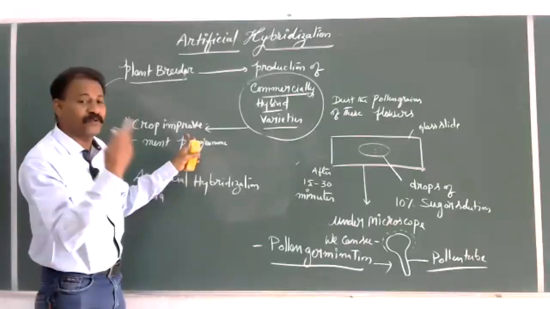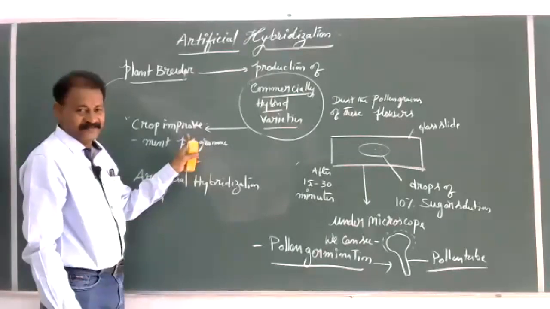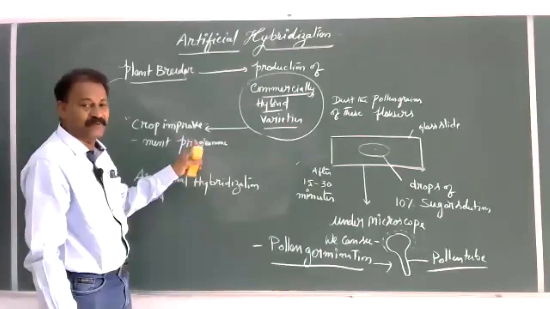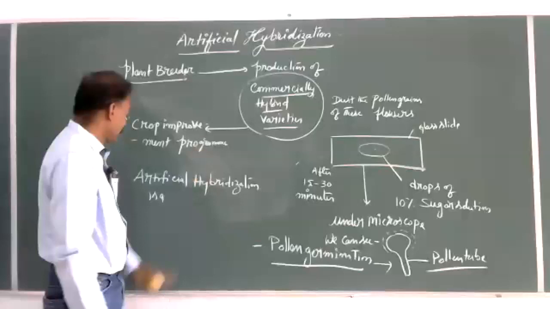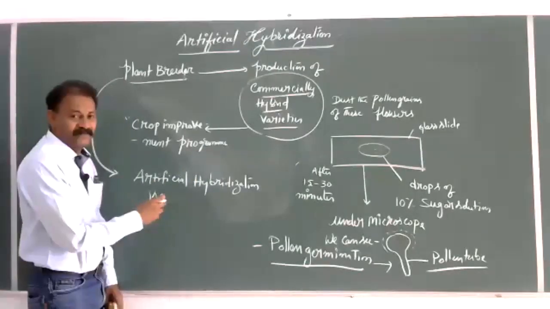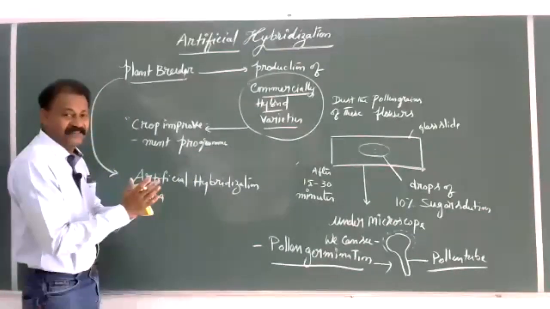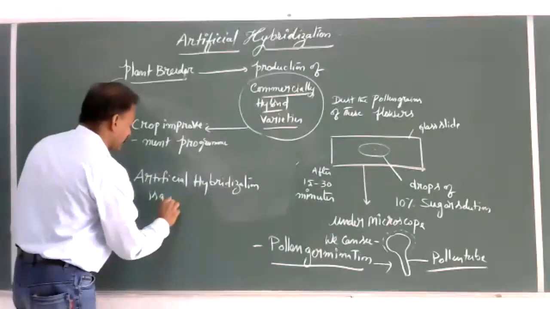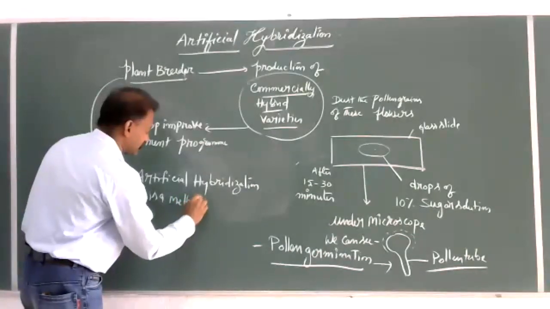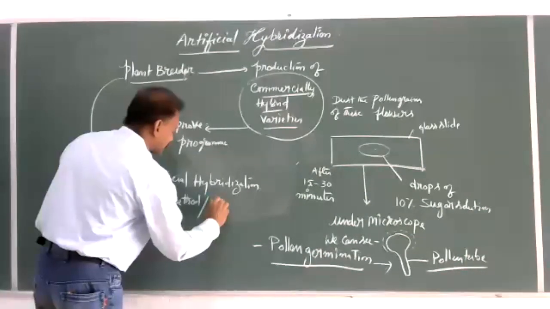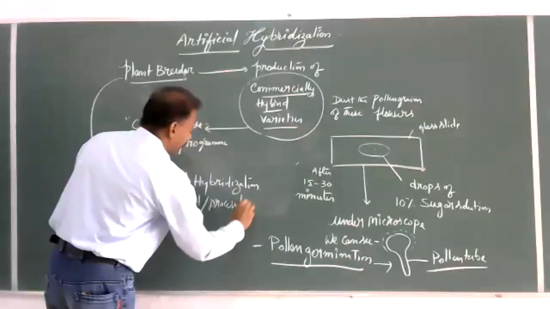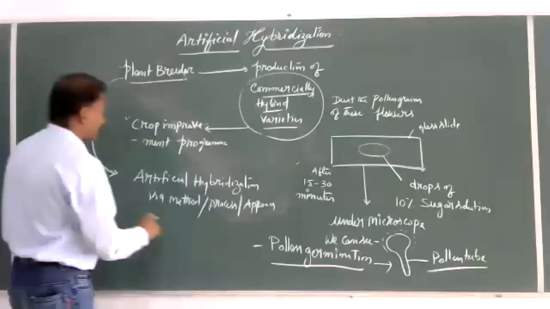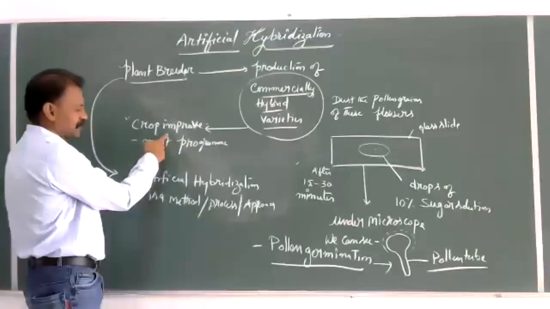In crop improvement, there are so many approaches. Out of those, we will study many in the 9th chapter, the plant breeding chapter. But here they have mentioned it concisely, in a limited way. Artificial hybridization is a method or process or approach to crop improvement.